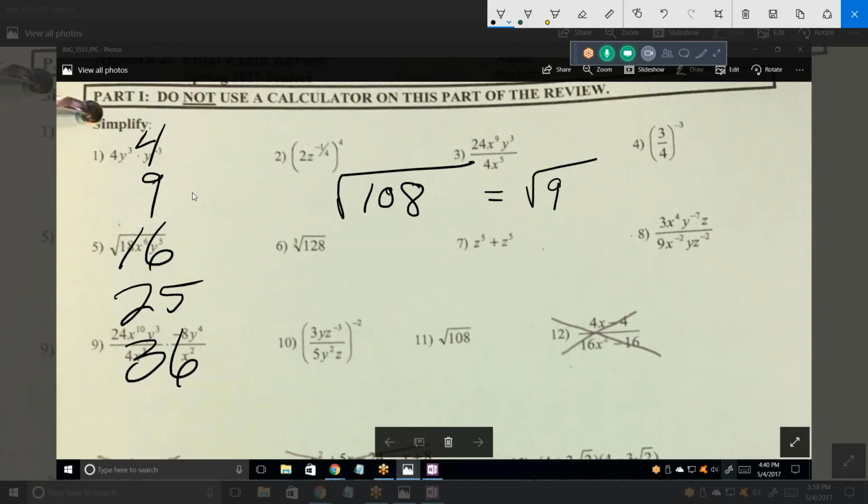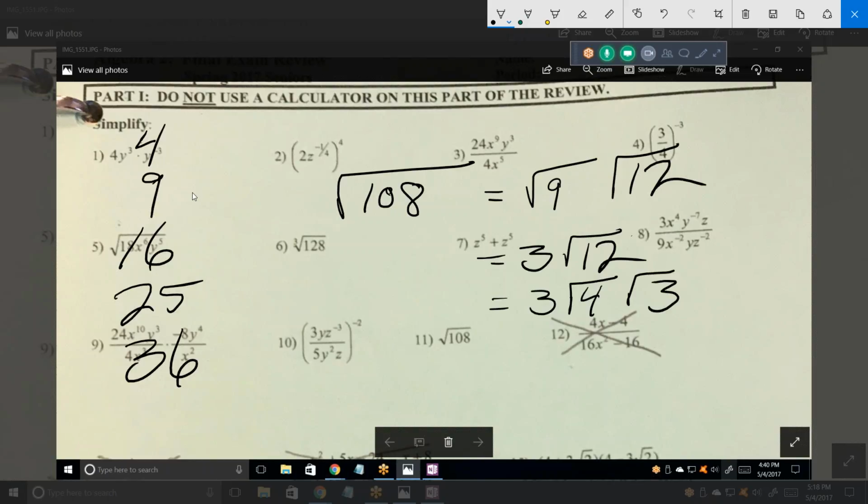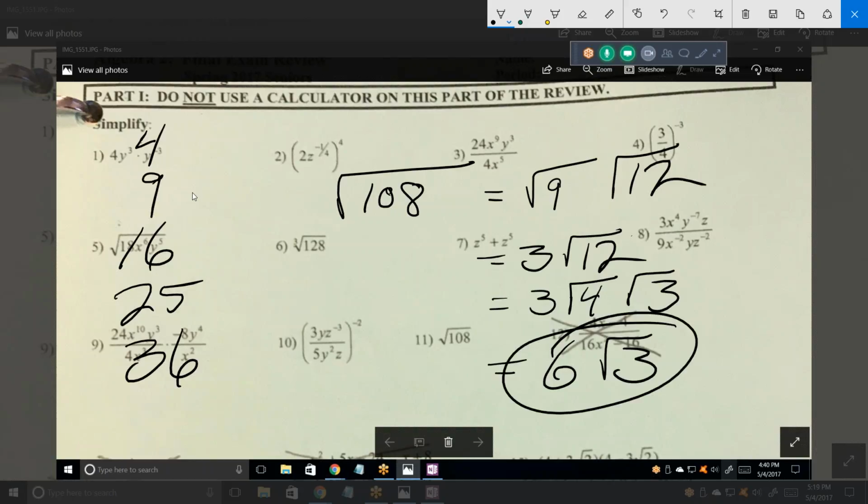So it would be 9 times 12. Well, that becomes 3 root 12. But then root 12 can be broken down. Root 12 becomes root 4 times root 3. Root 4 is 2. So I end up getting the same answer, 6 root 3, as I got when I used 36. It just took 2 extra steps to do it.